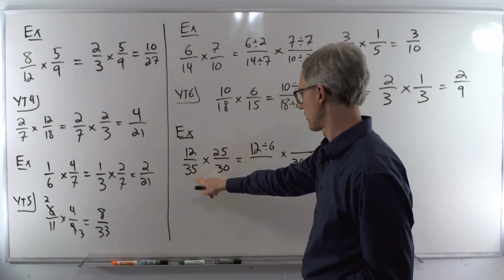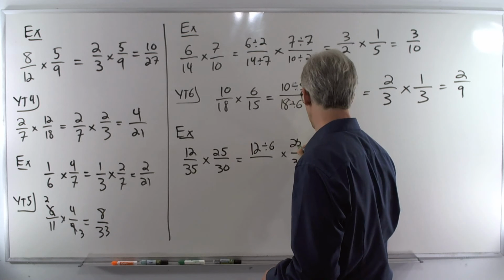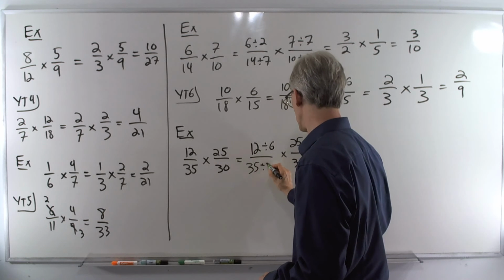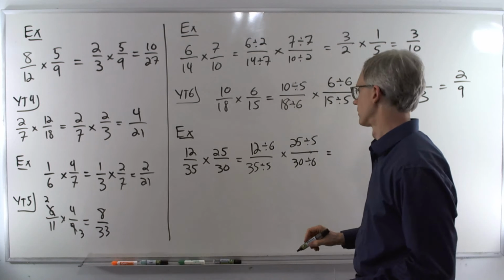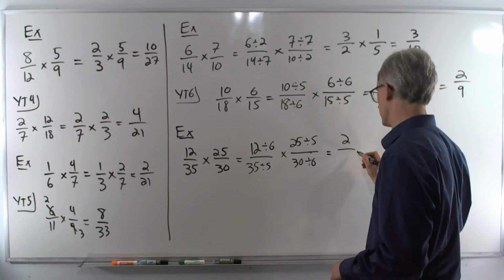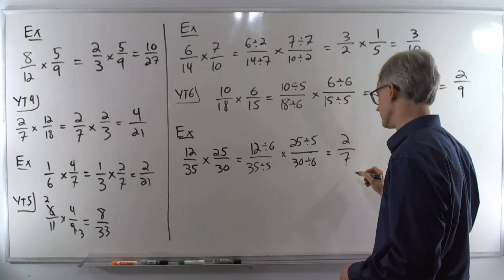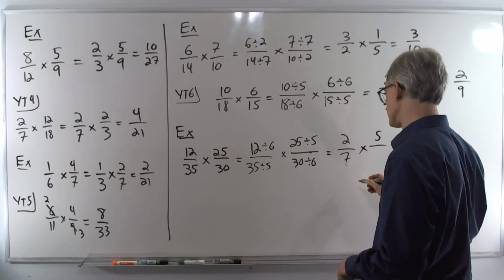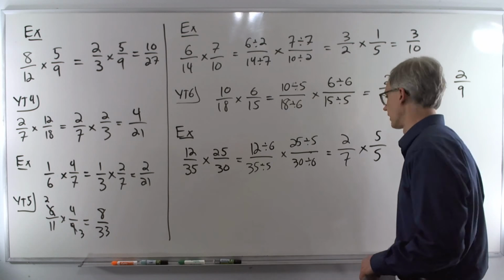Now these have a common factor of 5, so we got 25 divided by 5, and 35 divided by 5. 12 divided by 6 is 2. We got 5 here, 30 divided by 6, that's another 5.